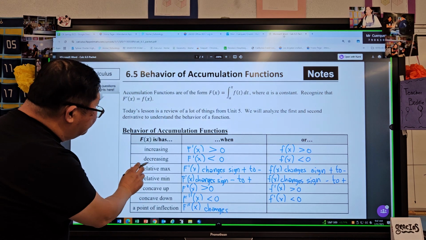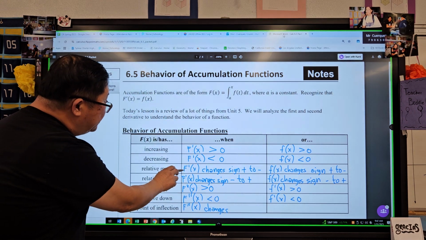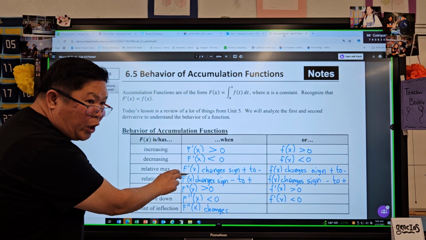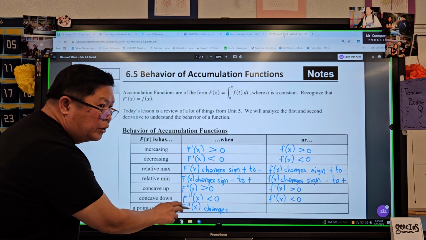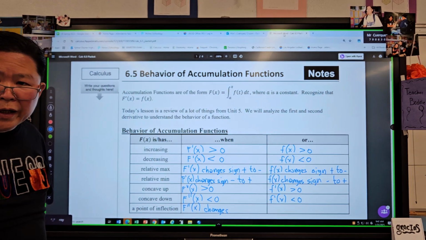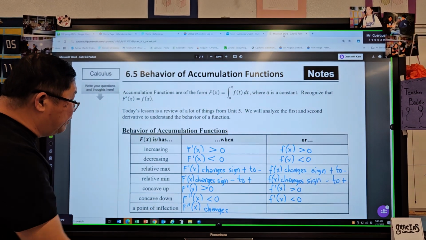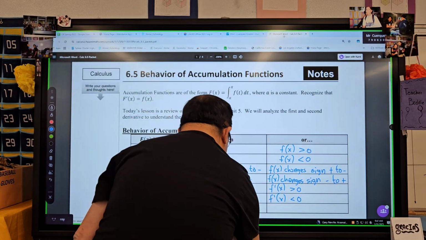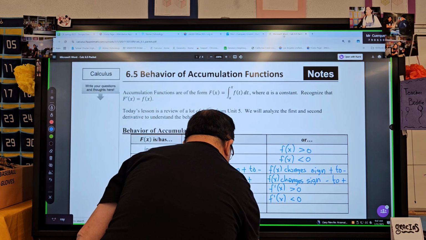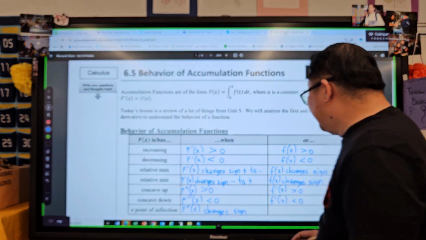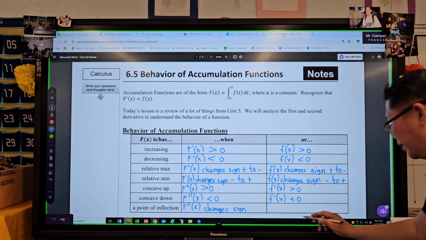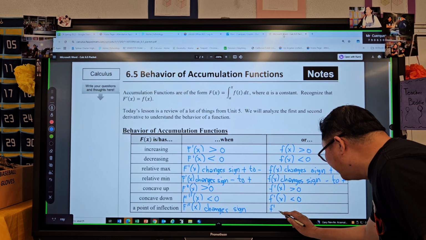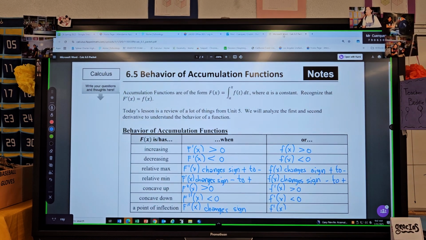So for relative max and relative min, it's just f prime, right? But for point of inflection, we focus on the second derivative. F double prime changes sign. And right here, we now say f prime of x changes sign.